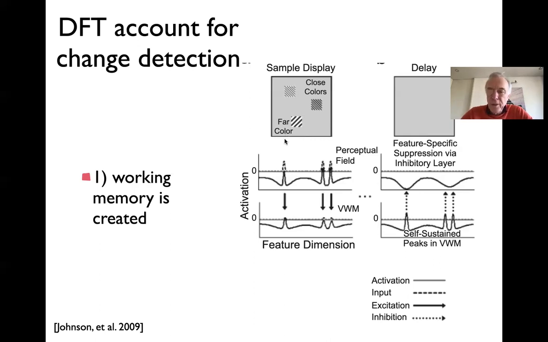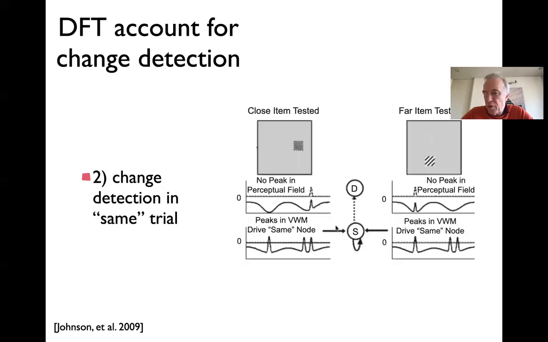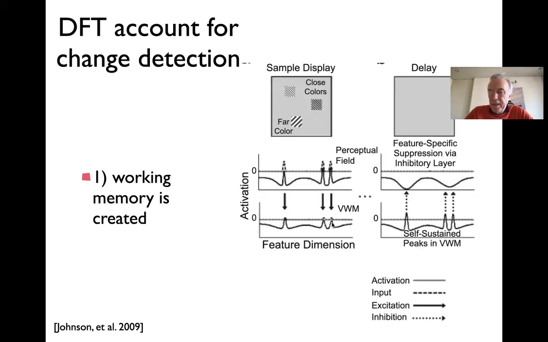In the model, this prediction comes from the fact that the peaks of the close items are metrically close in whatever feature dimension is represented there. When they're metrically close, the inhibition associated with the 2 peaks overlaps somewhat, and that makes these peaks closer to threshold, closer to being forgotten, and therefore the inhibitory influence is weaker.